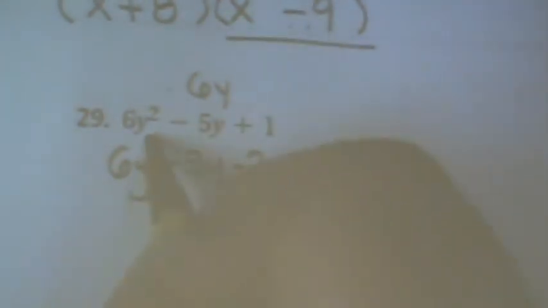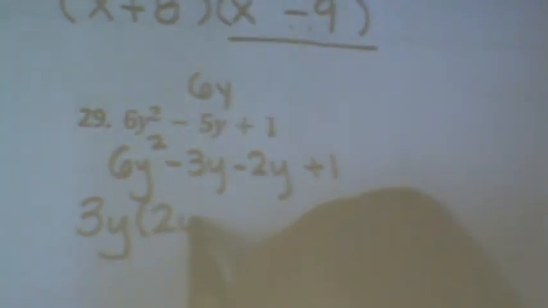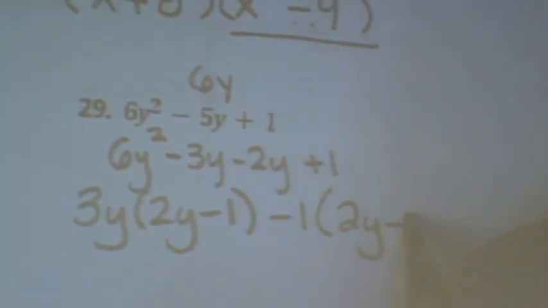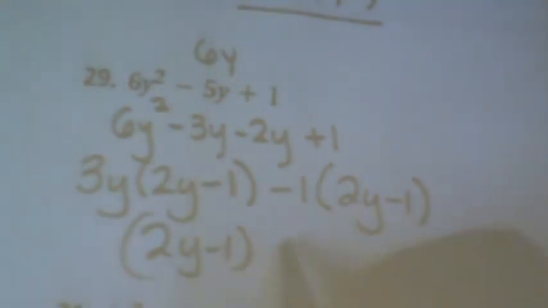So this is what you have here. You're going to pull out of these two a 3y, and you're left with 2y minus 1. And for this one, you're going to take out a negative 1, and you're left with 2y minus 1. Final answer would be 2y minus 1 times 3y minus 1.